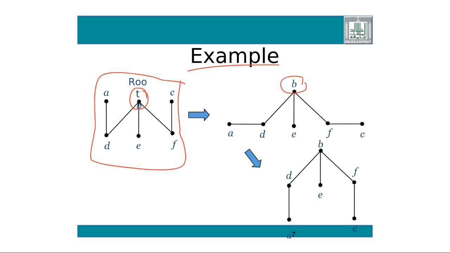First describe which edges are connected to B: first E, then D, then F. After that, for D there is one edge, called A, and for F there is one edge, called C. After that you can make the tree. So this is an example of a rooted tree.